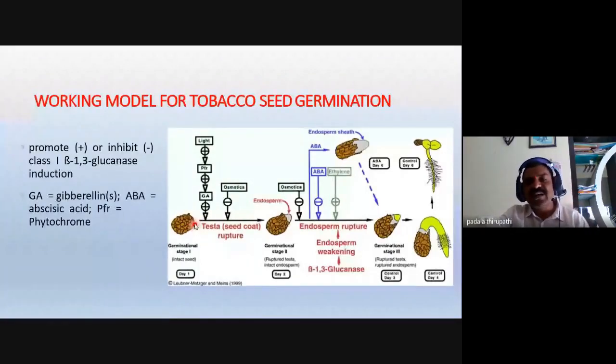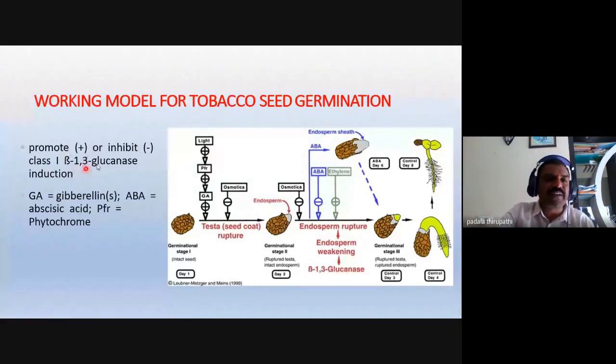When the testa, the seed coat, is ruptured, the endosperm protrudes a little outside from the seed. So this is day 1 and day 2, showing how it is responsible. In the endosperm sheath, we observe the abscisic acid and ethylene concentration here. Then the endosperm ruptures, with endosperm weakening in the presence of beta-1,3 glucanase.